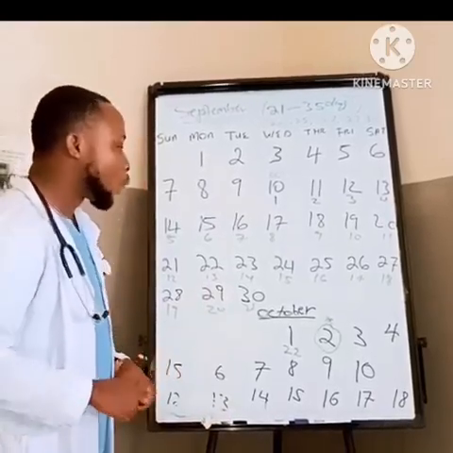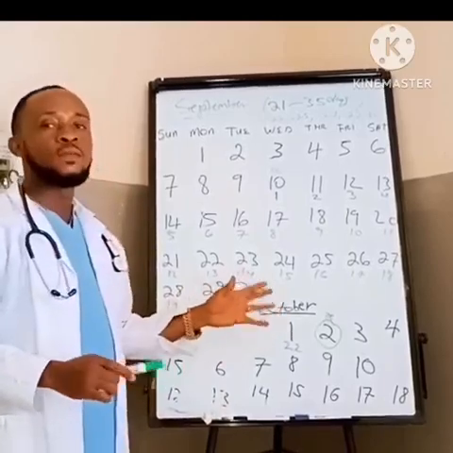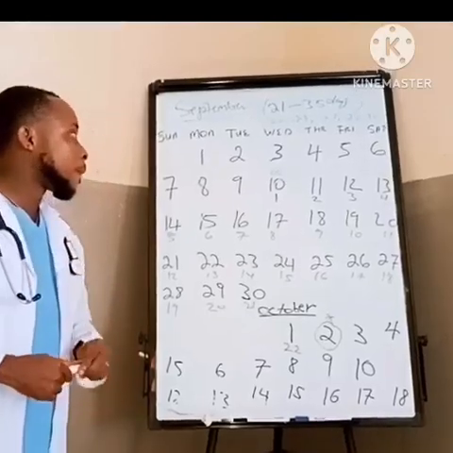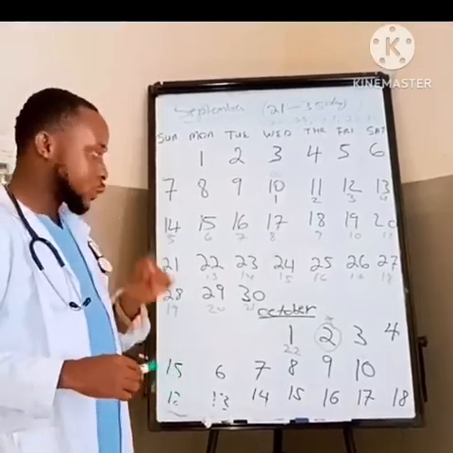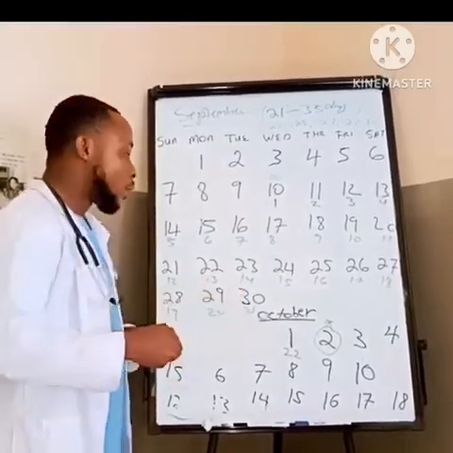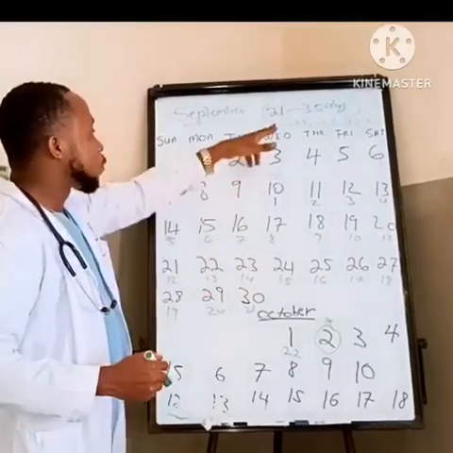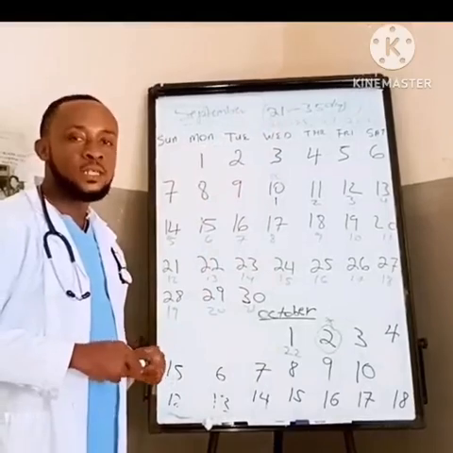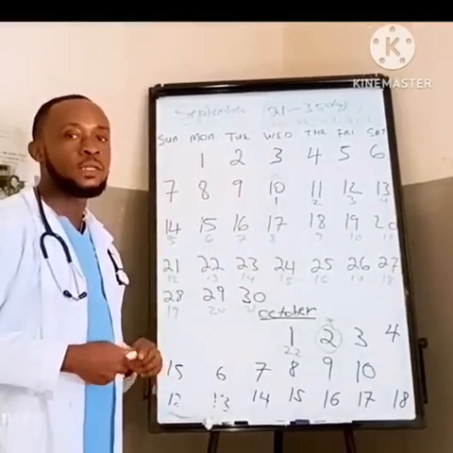So how do we know the ovulation period of this lady? Let's calculate that. In calculating ovulation, we have a fixed formula. What do we do? For a 22 day cycle, you subtract 14 from the cycle length of the client.